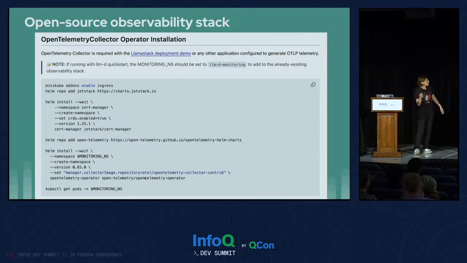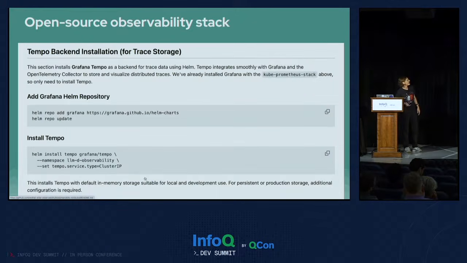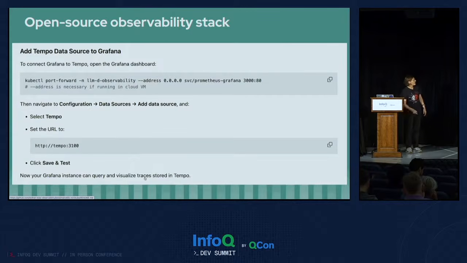But in order to collect traces, you need an OpenTelemetry collector, because Llama Stack generates OTLP traces, which is the OpenTelemetry format for traces. And then the Tempo backend. We use a lot of Helm, and it's pretty easy. And I've given you the formulas here, so you can definitely do it when you get home.